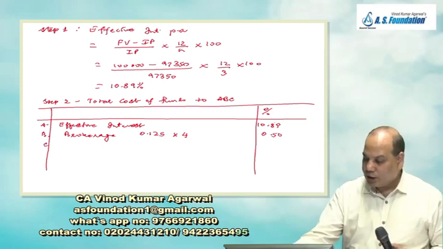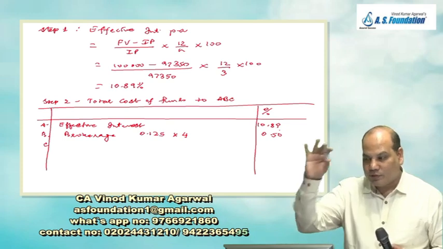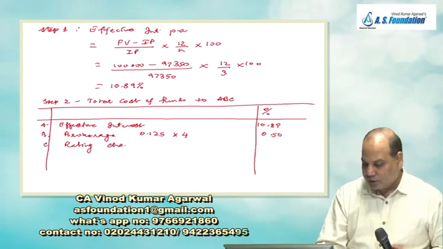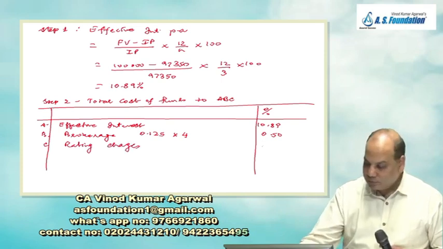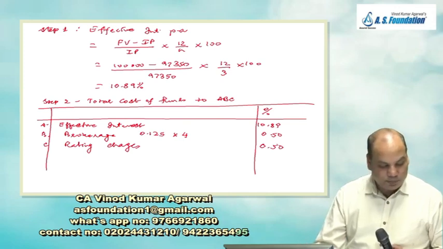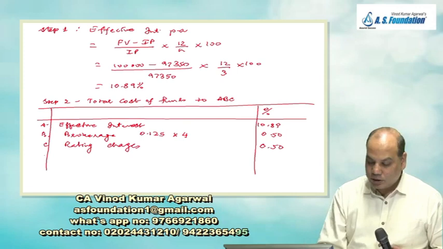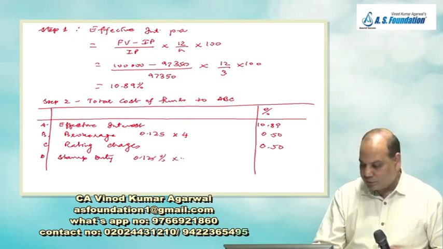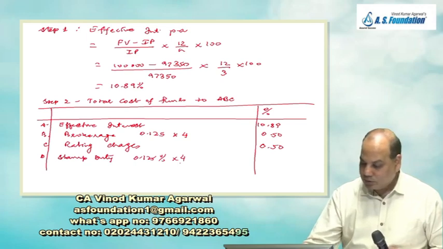See, you have to compute annual percentage so that it is comparable with any other alternative option also. Rating charges is already given, 0.5% per annum. Per annum, don't multiply by 4. And then you have been given stamp duty, 0.125% into 4 because it is 3 months.